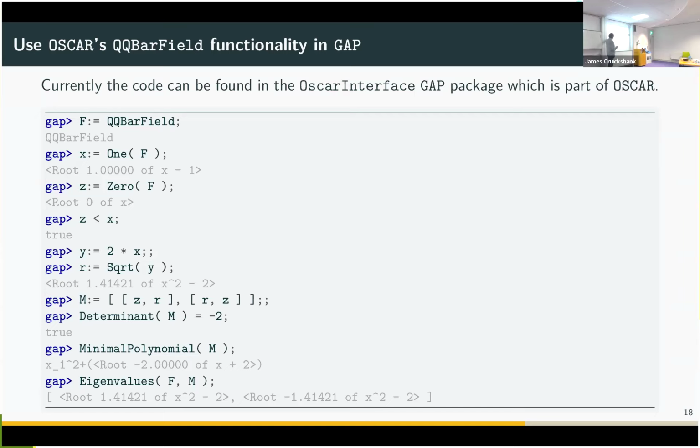And for this functionality, determinant, creating matrices and so on, nothing had to be added to GAP. So this is completely generic. Essentially, we had to provide the arithmetic for this field and a few functions which are implicitly needed. So this square root method, for example, was necessary.